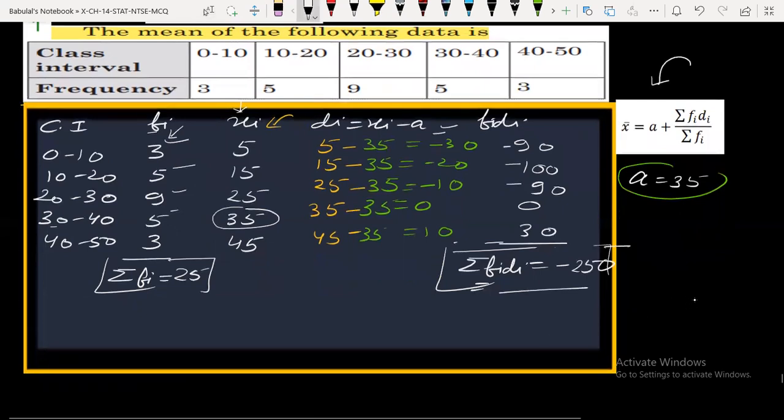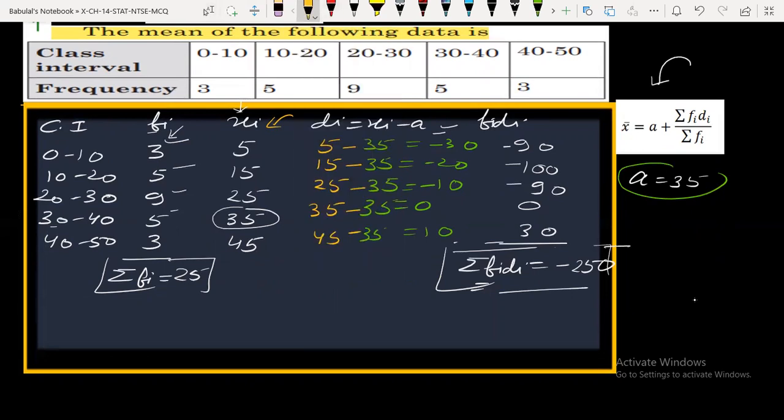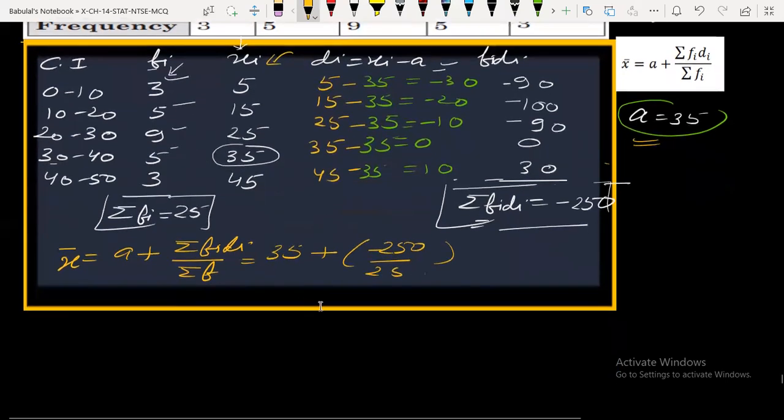So writing the formula here: x bar, the mean, is a plus the total of fi di upon the total of frequency. What is a here? a is 35, so write here 35 plus minus 250 upon 25. On further writing, you can continue.